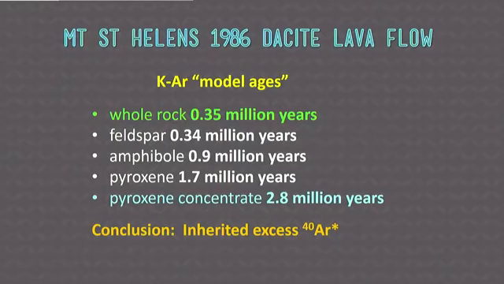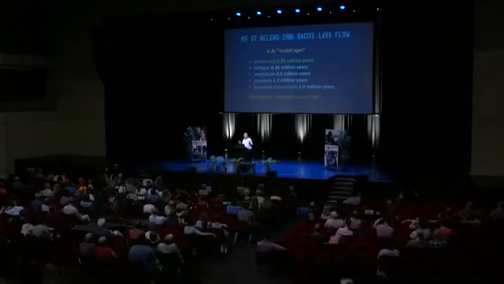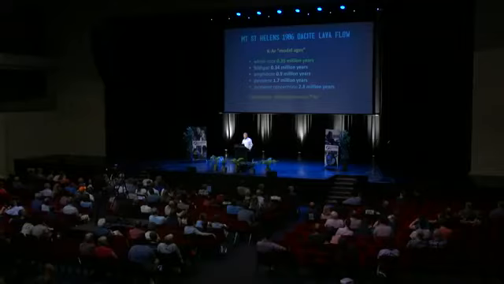What do I mean by that? Well, most people don't realise that more than 70% of what comes out of a volcano is actually steam and gases. And in those gases is argon. So what happened is when the rock cooled and crystallised, it trapped some of that argon in the rock, and it didn't come from radioactive decay of potassium.